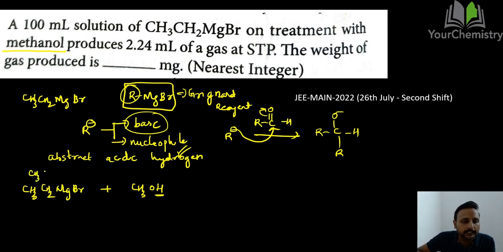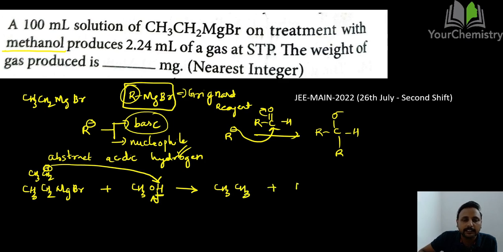So this CH3CH2 minus is going to abstract this acidic hydrogen, and what am I going to get? CH3CH3 plus MgBr, and the other part OCH3.